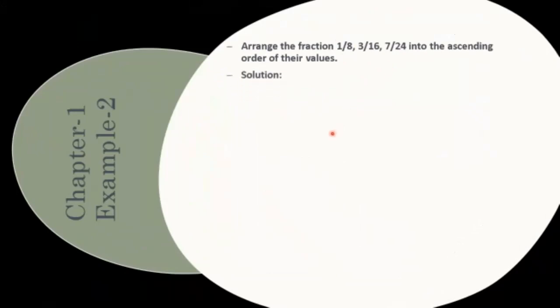So this is the solution, my dear. The LCM of the denominators 8, 16 and 24 of the given fractions equals 48. Again I am saying, the LCM of the denominators 8, 16 and 24 of the given fractions equals 48.